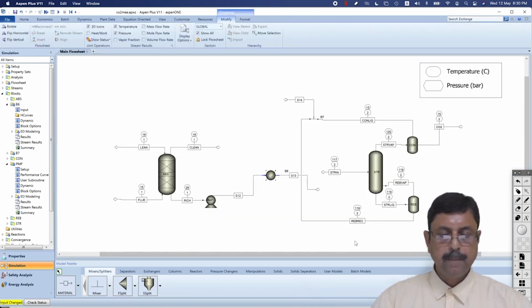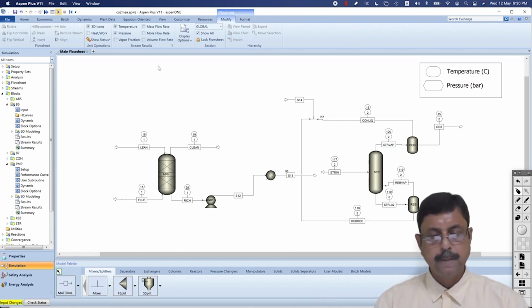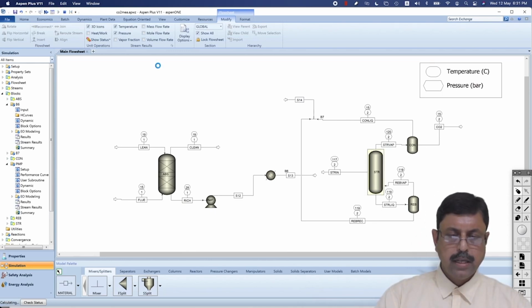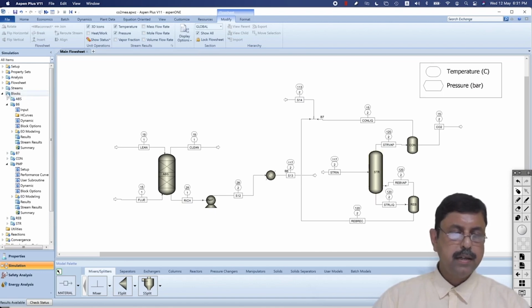Okay. So let us run it. It should not take much time because it had already converged a few minutes back. Let us check. Yeah, so it has converged again.